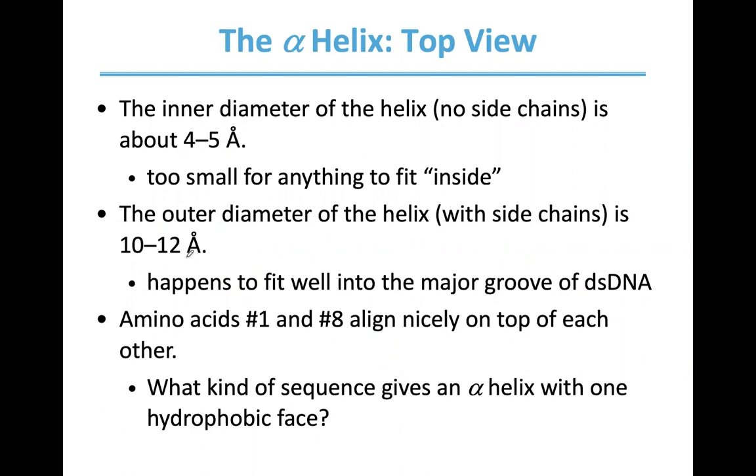With this kind of diameter, it fits well into the major groove of double-stranded DNA. When we talk about DNA, we'll talk about major and minor grooves. And we will appreciate that proteins that regulate DNA function can fit nicely in between the base pairs. Not base pairs, but between the nucleotides.